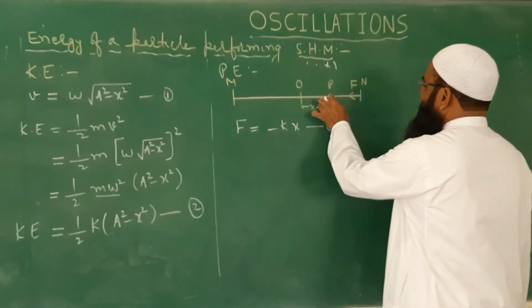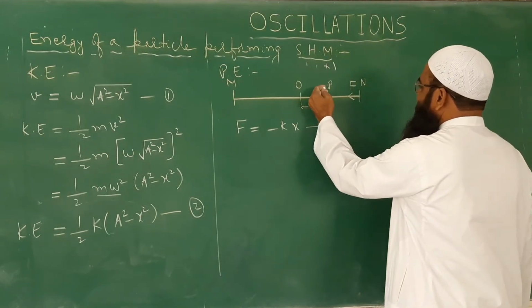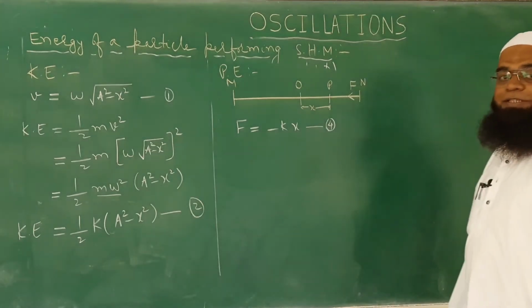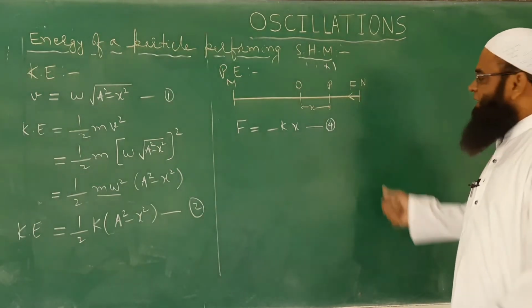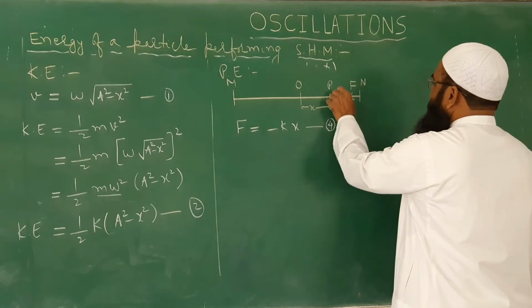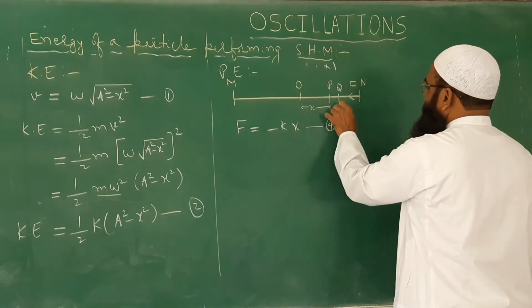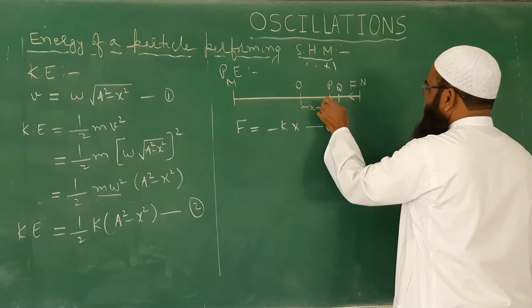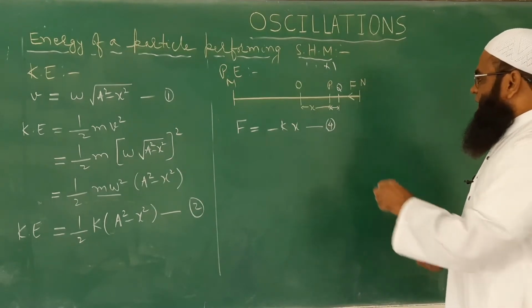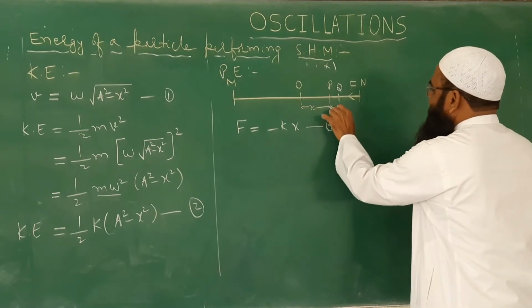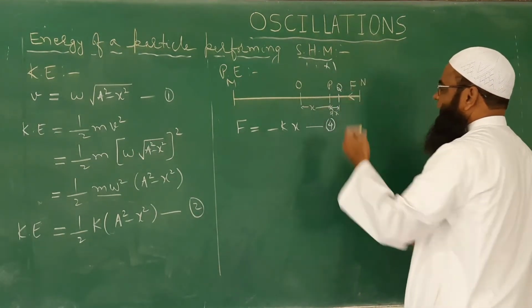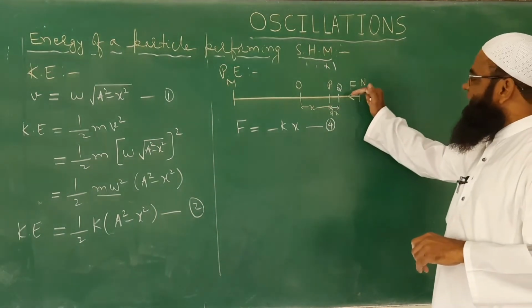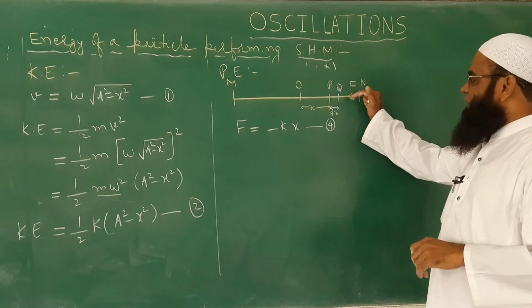Now, suppose this particle is further displaced against the direction of force towards the positive extremity, for example till point P. Let us suppose that during this the displacement of the particle is dx. We are displacing the particle towards the right extremity against the restoring force.